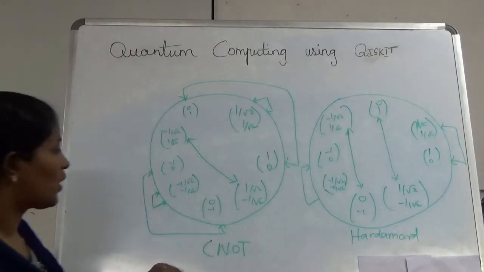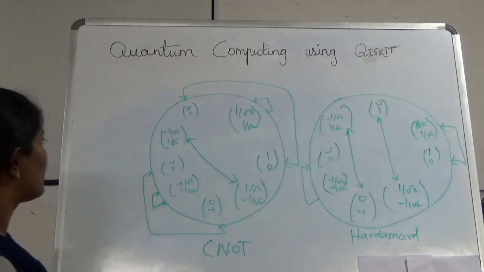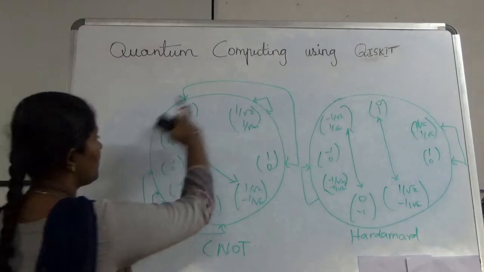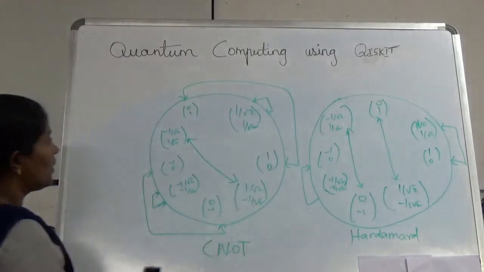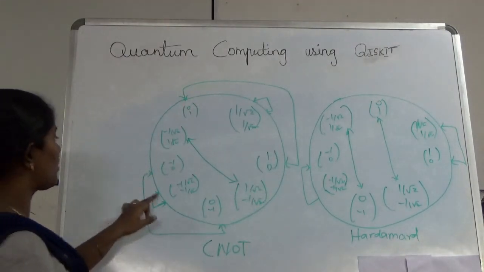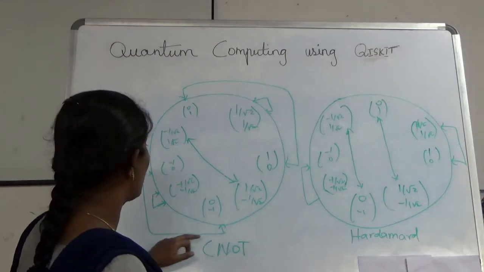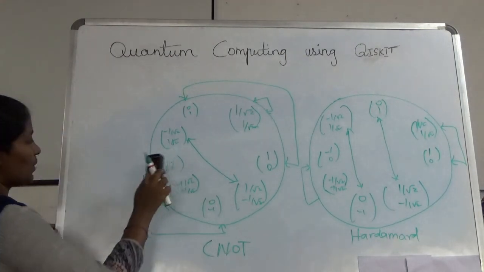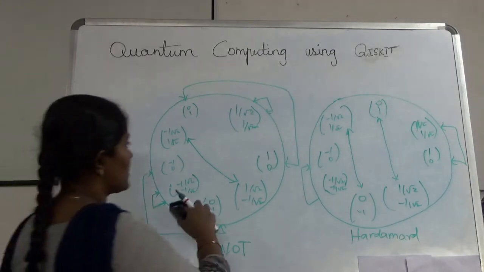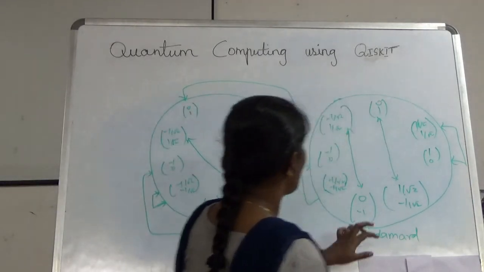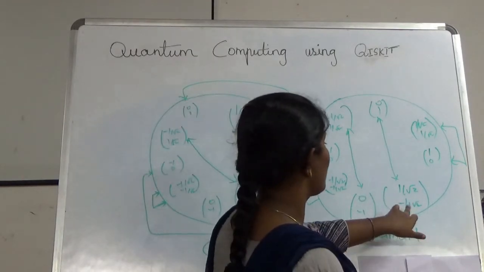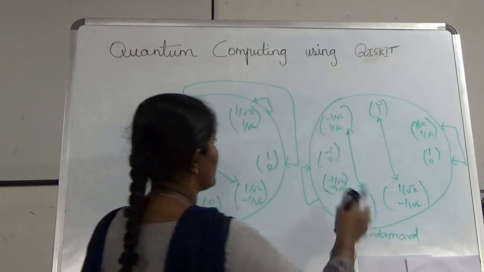In the diagram of CNOT and Hadamard gate, if the state is 0, 1, and we apply the CNOT gate, it will be changed to 1, 0. Likewise, 0 minus 1, if we apply the CNOT gate, will be changed to minus 1, 0, and vice versa. And if we apply the Hadamard gate to 0, 1, the state will be changed to 1 by root 2, minus 1 by root 2, and vice versa.